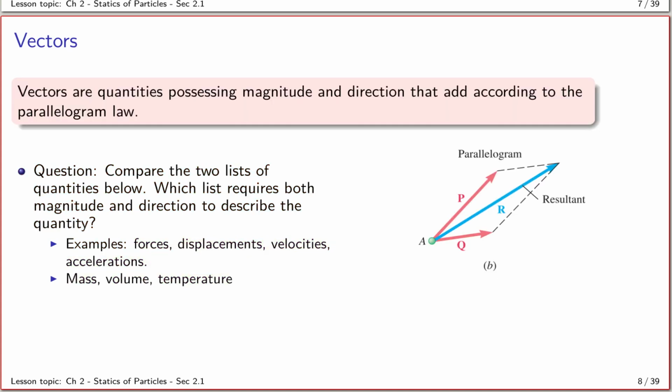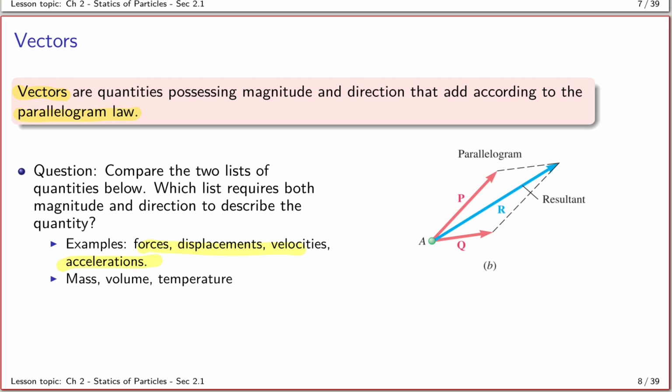So it turns out that these are quantities that are called vectors. So vectors are quantities that possess both magnitude and direction. And for the context of static mechanics, one of the most important laws of vectors is that they add and subtract according to the parallelogram law.